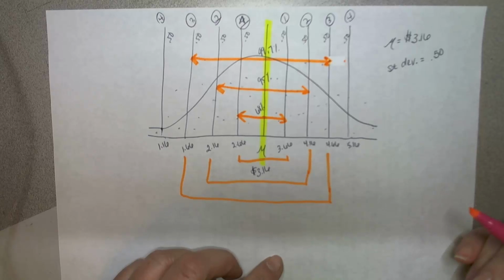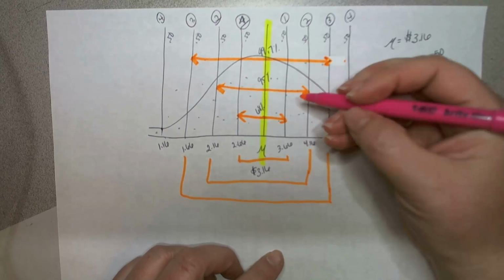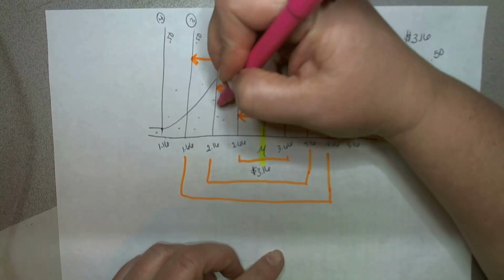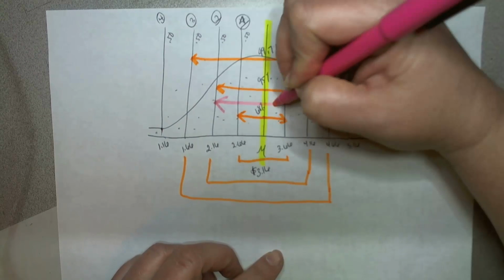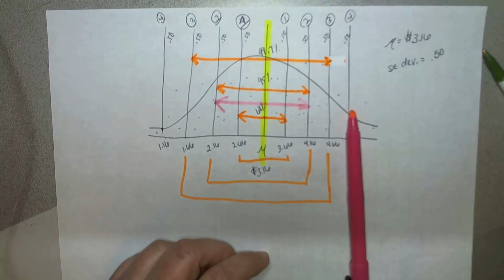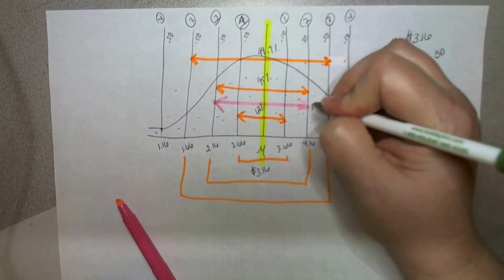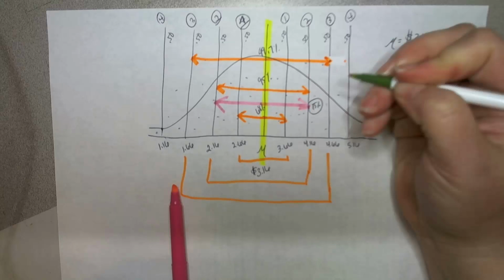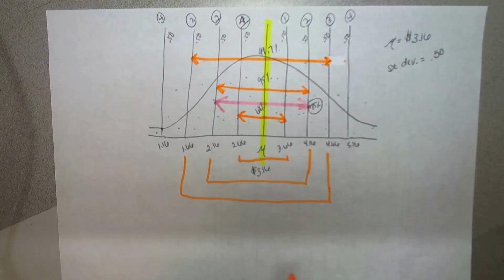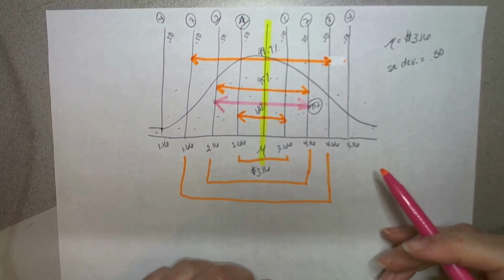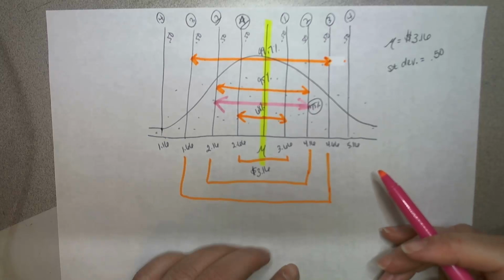Okay, so I'll use pink on this to show how he's a little different. He says that 75% of the data, he starts with 2. Okay, so he says that 75% of the data must fall within 2 standard deviations, and then he jumps it up to 3 standard deviations.